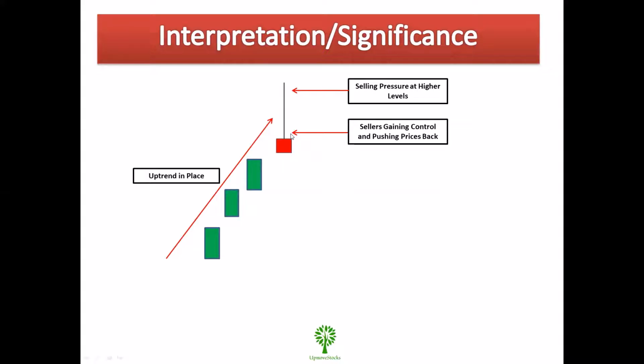You can clearly see the stock went up till here, but it could not retain its strength and sellers were able to push the prices back to near the day's low. So you can see selling pressure at higher levels and sellers gaining control and pushing prices back towards the opening price, as we have discussed in the previous slide.